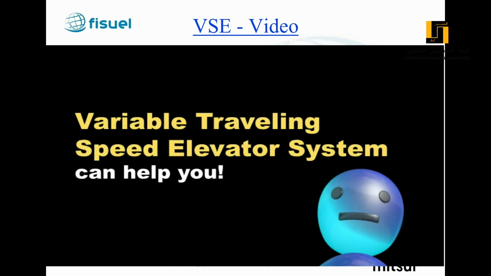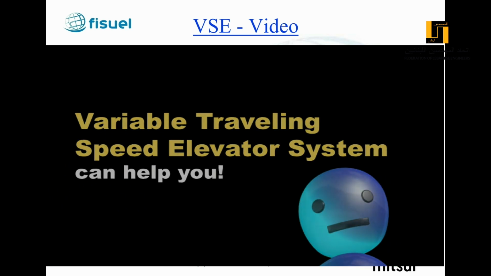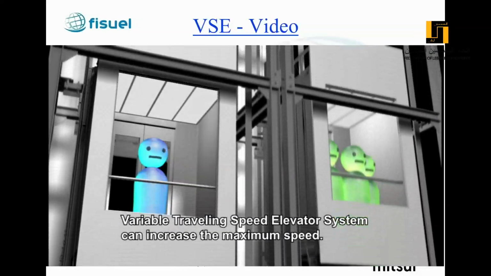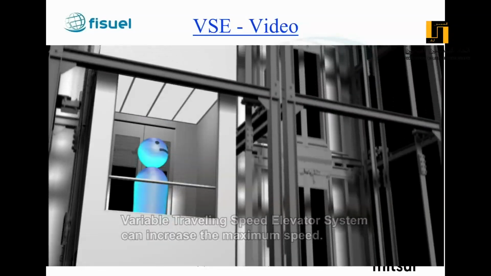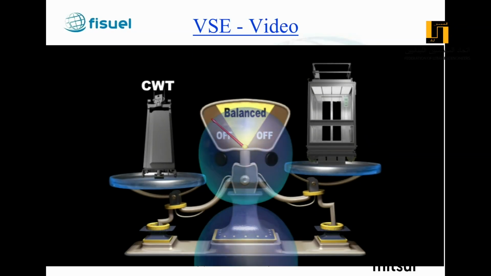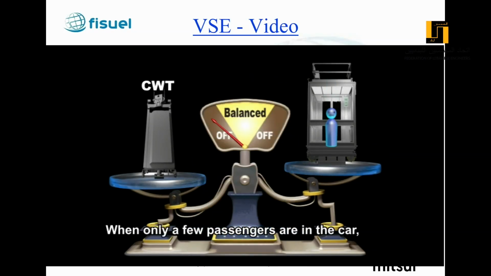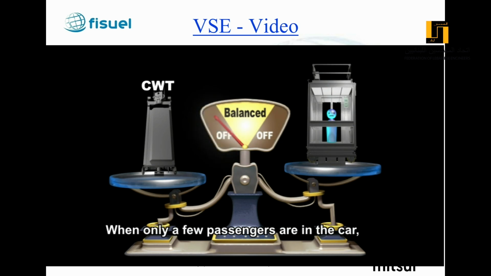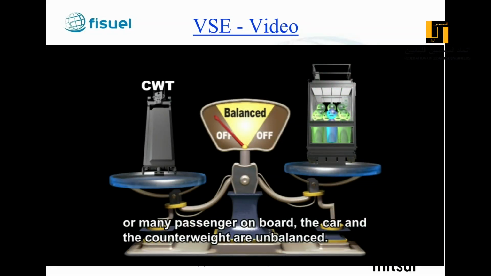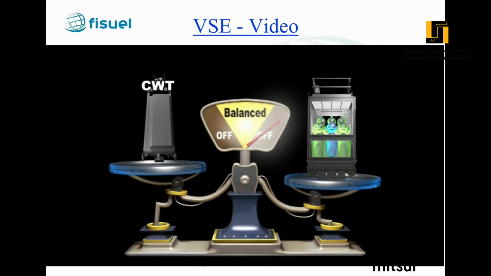Variable Traveling Speed Elevator System can help you. Variable Traveling Speed Elevator System can increase the maximum speed. These are the conditions to activate the system. When only a few passengers are in the car, or many passengers are on board, the car and the counterweight are unbalanced.